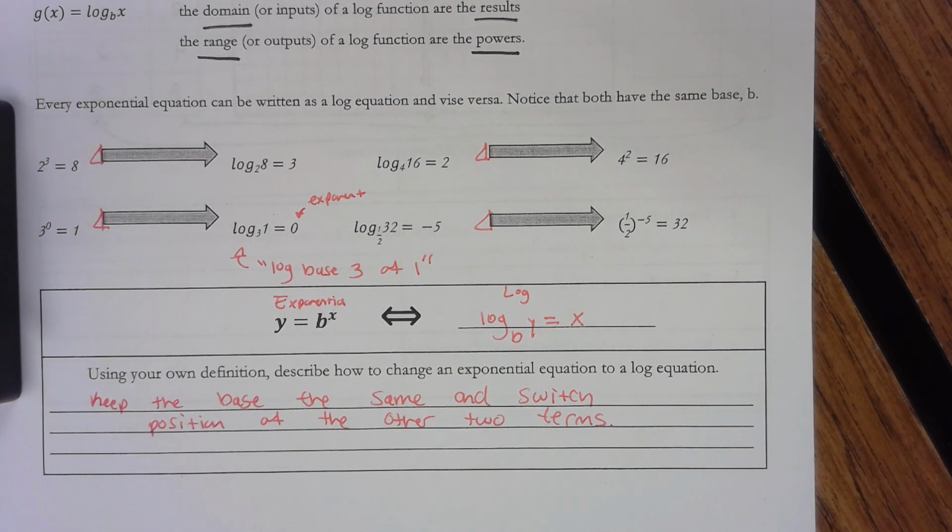Okay, and that goes whether I'm converting a log to an exponential or an exponential to a log. Base will always be the same, just swap where the other two terms are.